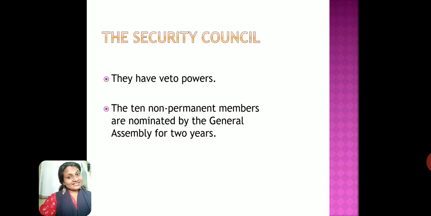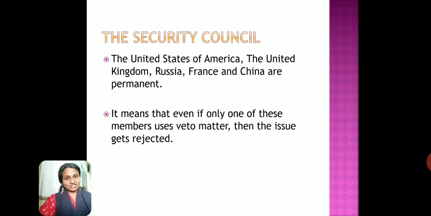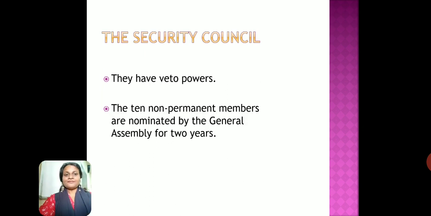And which countries have the veto power? USA, UK, that is the United States of America, United Kingdom, Russia, France and China. Please write down these names of the countries which you need to remember, that they have the right to veto any issue that is brought up in the Security Council. Alright.